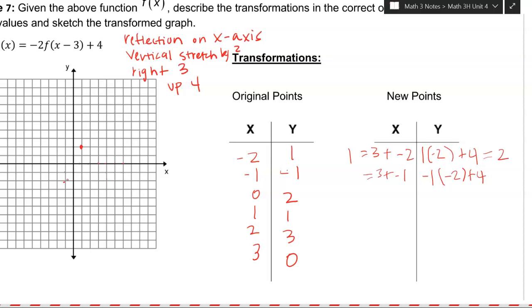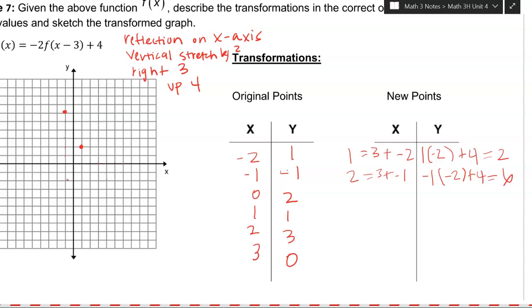So 3 minus 1 would be 2, and then -1 times -2 is +2, so we'll be at 6. So (2, 6). Oh, I'd erase that point. And then this one was at (1, 2).